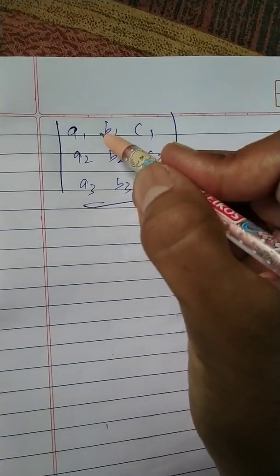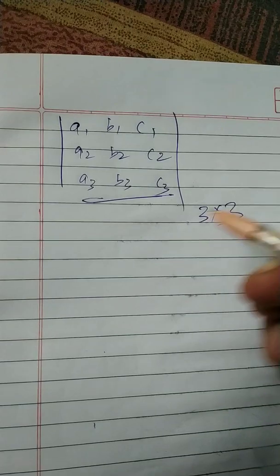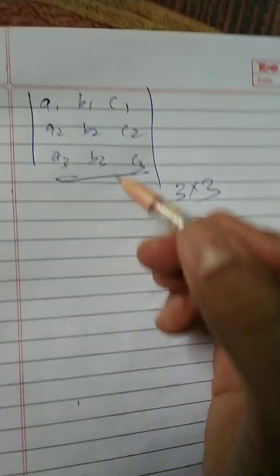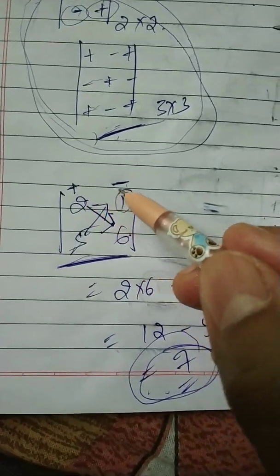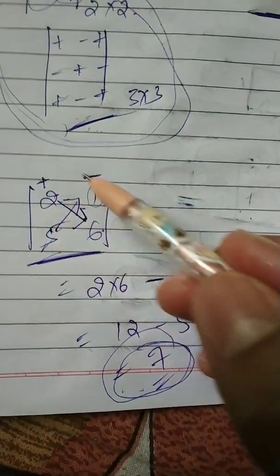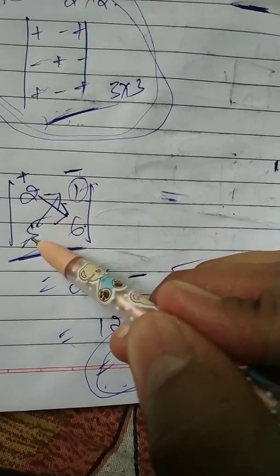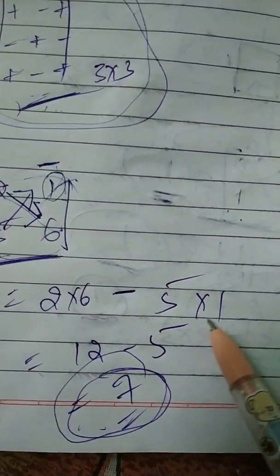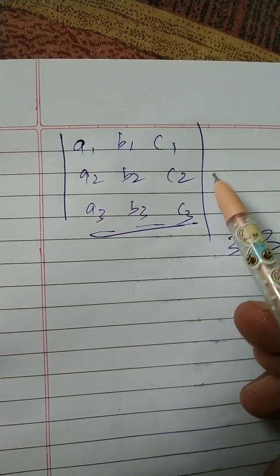Remember the rule and carefully observe this method. In a 2 cross 2 matrix, you are just cross multiplying and getting the value. Here it is not that case. You can't simply cross multiply anything, right?